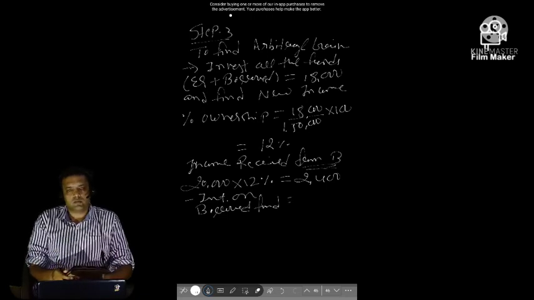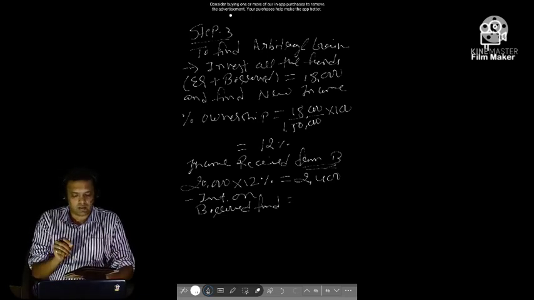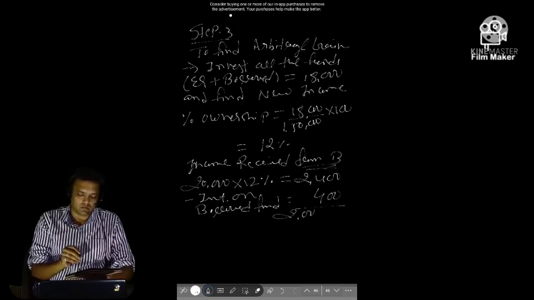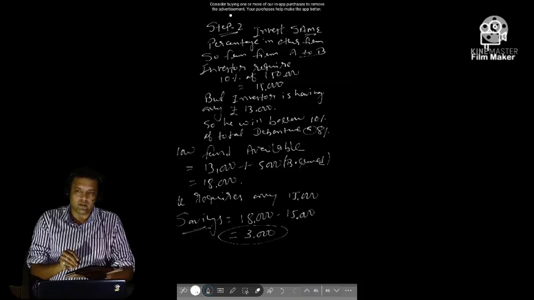And as per Modigliani Miller, both the firms have the same income, which is 20,000. Now I'm eligible to get 12% of 20,000. So income received from firm B is 20,000 multiplied by 12%, which comes to 2,400.